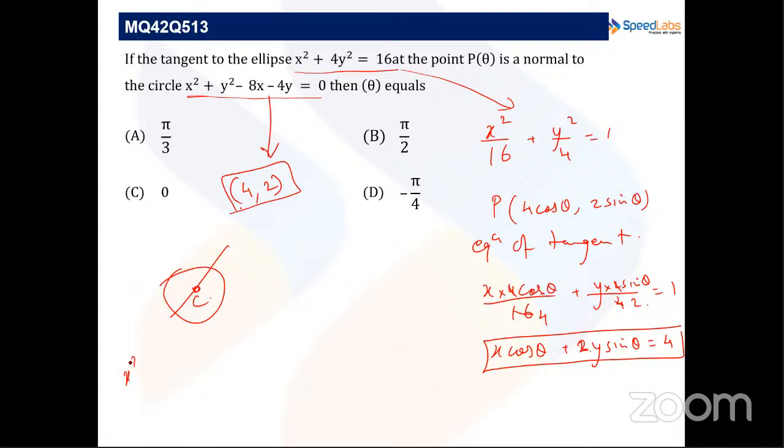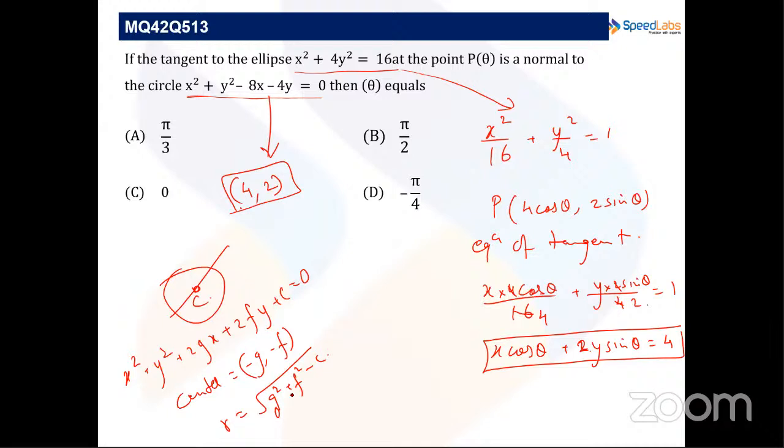If we have the equation of the circle x square plus y square plus 2gx plus 2fy plus c equals 0, then the coordinates of the center are (minus g, minus f), and the radius is under the root g square plus f square minus c. So it will pass through this point. So we will have 4 cos theta plus 4 sin theta equals 4. So we will have cos theta plus sin theta equals 1.